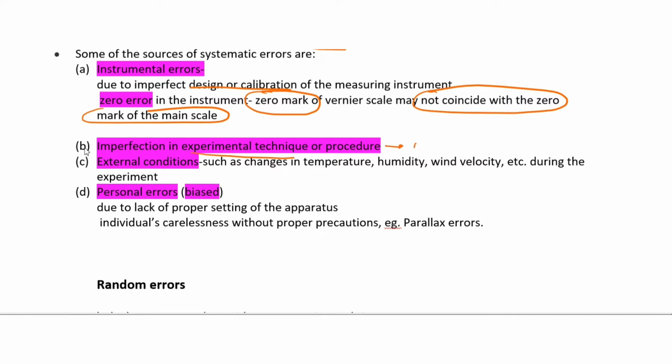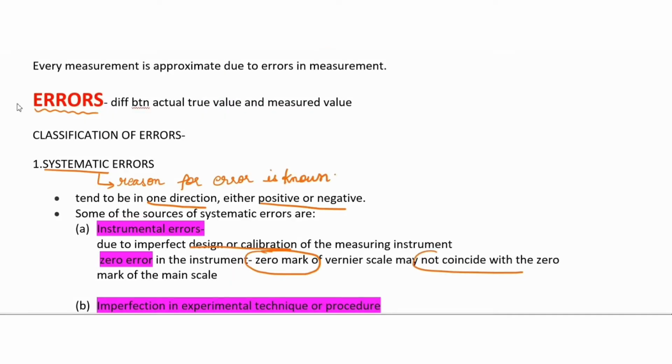The instrument itself is not designed properly to measure the actual value. The second one is zero error. That is when the zero mark of the instrument is not coinciding with the zero mark of the main scale. Because of this, zero error arises.